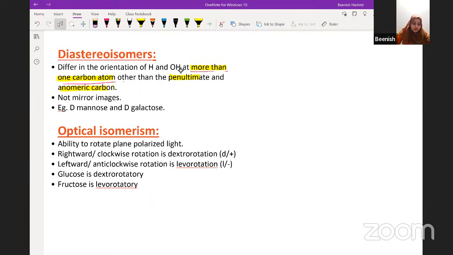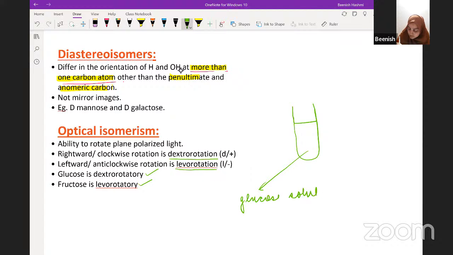Now optical isomerism is the ability to rotate plane polarized light. Rightward or clockwise rotation is known as dextrorotation, and leftward or anti-clockwise rotation is levorotation. Glucose is dextrorotatory and fructose is levorotatory. What does it mean? Let's say we take a test tube and we have glucose solution in this, and you pass plane polarized light through it.